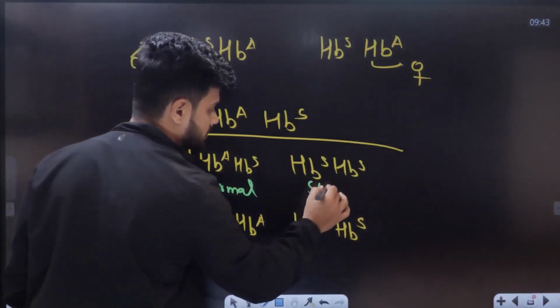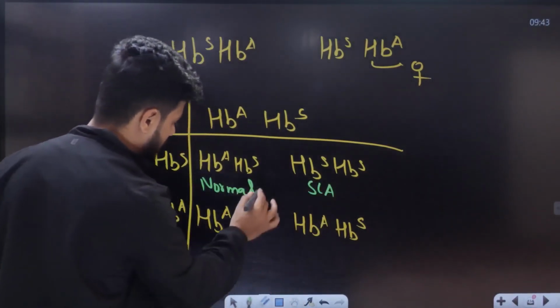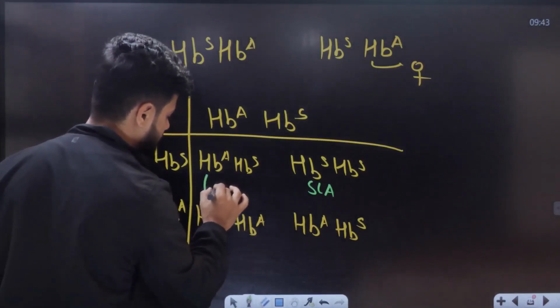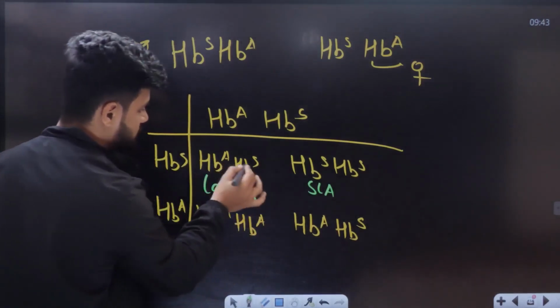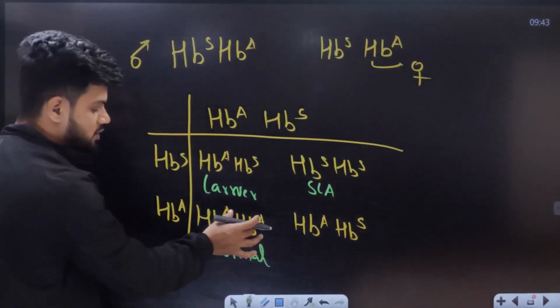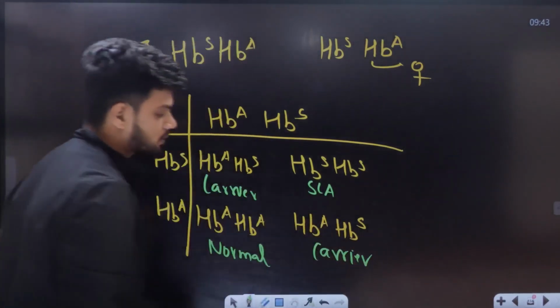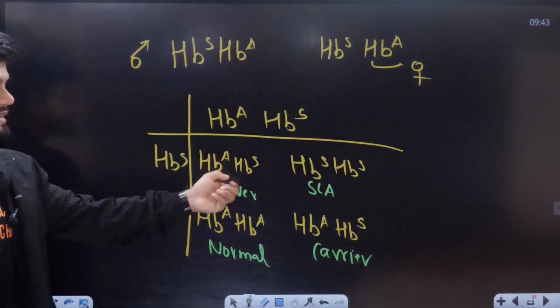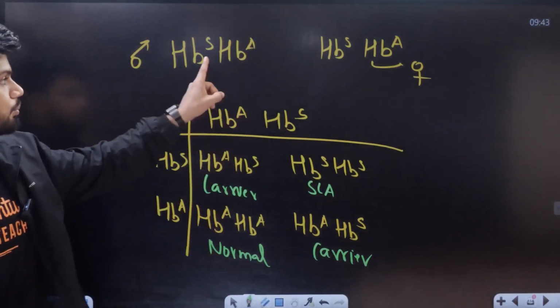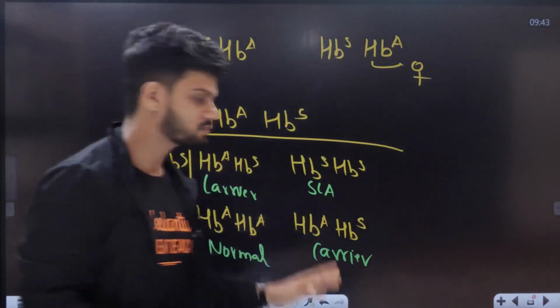This person is going to be sickle cell anemic. This one is a carrier. With both HbA, this person is normal. This person is again going to be a carrier. That is the beauty of sickle cell anemia. When both are HbS, the person is going to be sickle cell anemic.